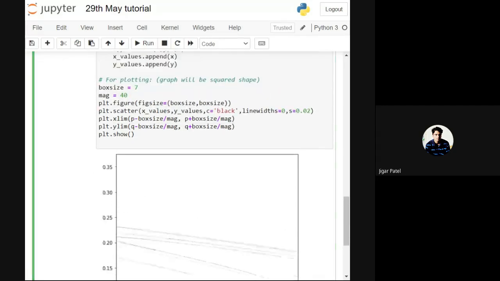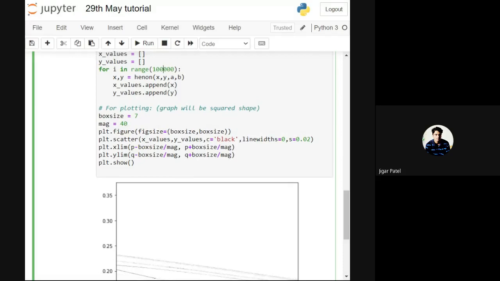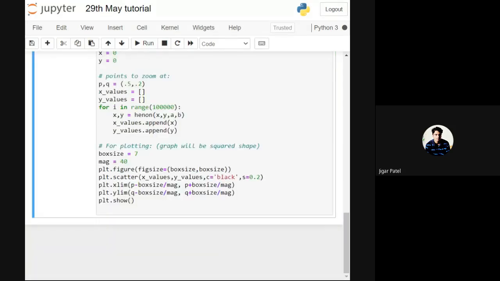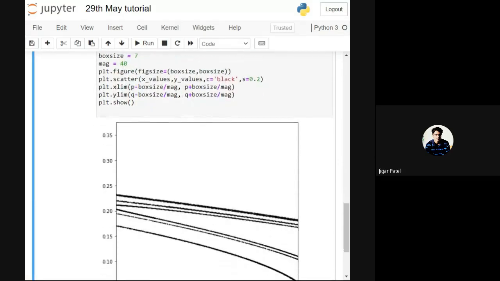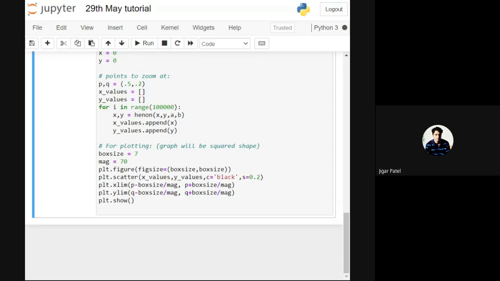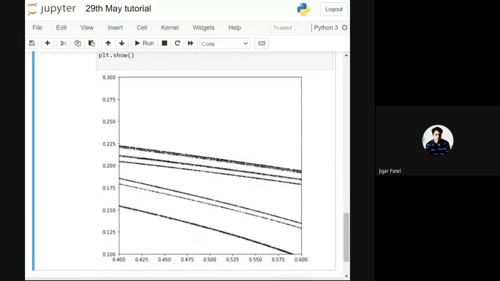More than that, I have to increase the density of the graph, or just increase the size. That will be good. And if I say the magnification is 70, this is what I get.